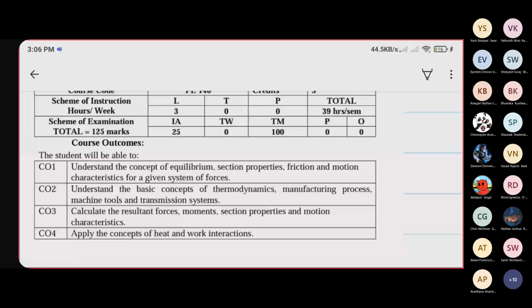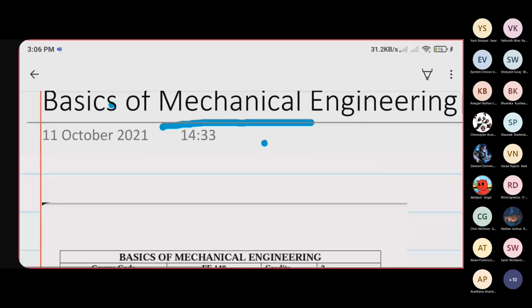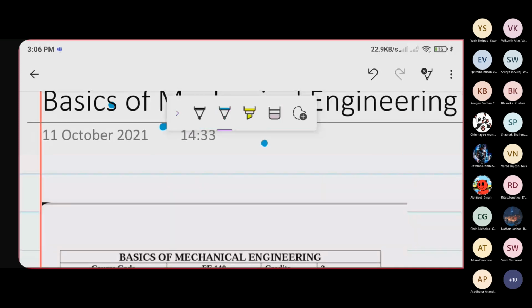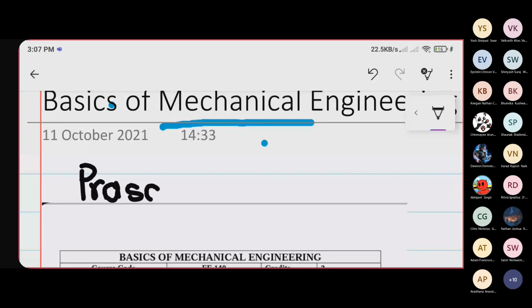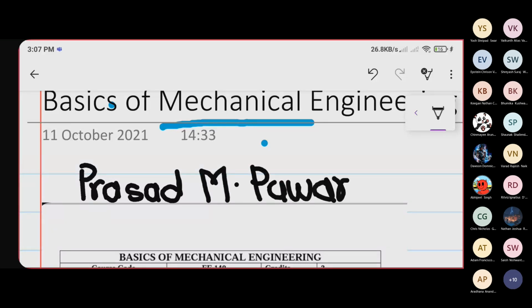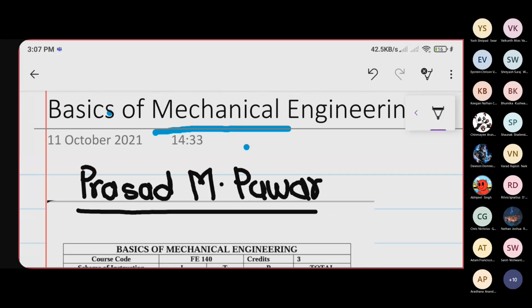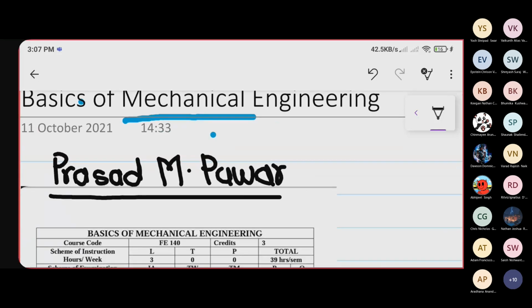So before starting the lecture, I want to introduce myself. My name is Prasad Pawar. I'll be your guide, your teacher, your friend, you can say, for the subject of Basics of Mechanical Engineering.